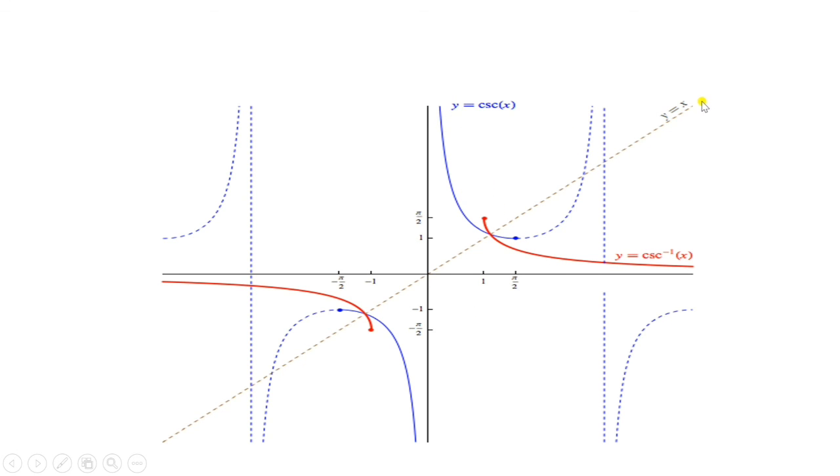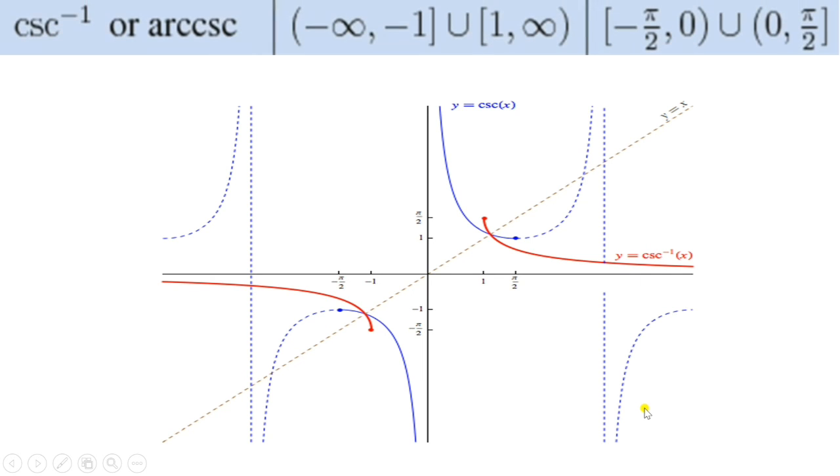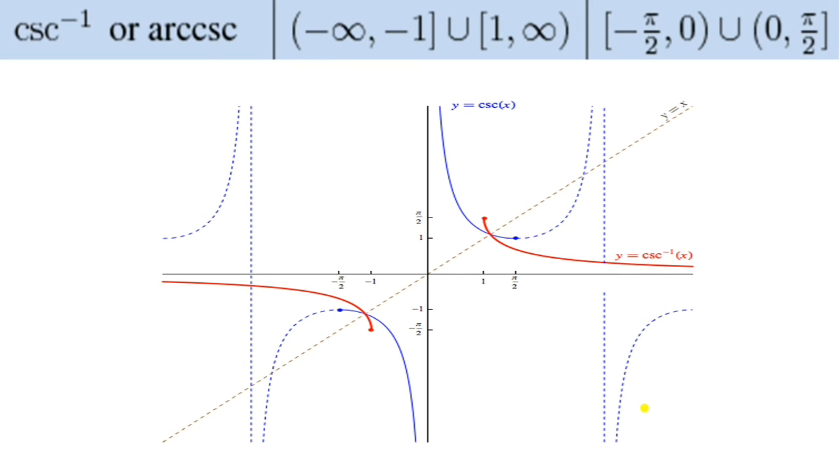So for finding the inverse, we consider the line y is equal to x, and on taking the image of the graph y is equal to cosec x in the line y is equal to x, we get the graph of y is equal to cosec inverse x. In this case, the domain of cosec inverse x is from minus infinity to minus 1 union 1 to infinity, and the range you can see is minus pi over 2 to 0 union 0 to pi over 2.